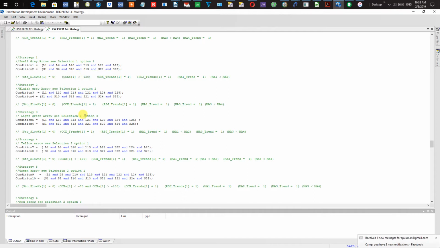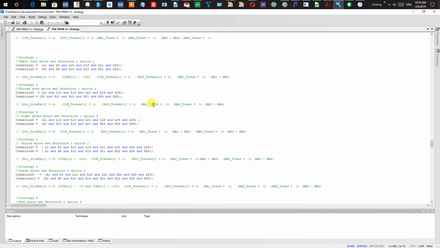And that is expressed here. Okay? But there's one other difference, and that is we've added a secondary moving average represented by this condition S.